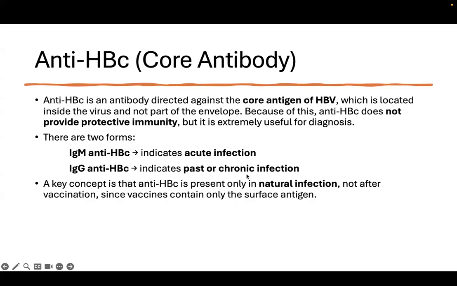IgG tells you if it's a past or chronic infection. And if you have the core antibodies, this tells you it's a natural infection. Usually, when we give a vaccine, we do not vaccinate against the core antibody because it's useless. We go just for the surface antigen.